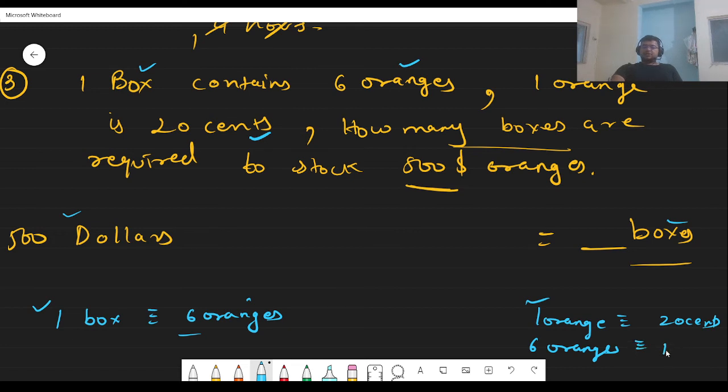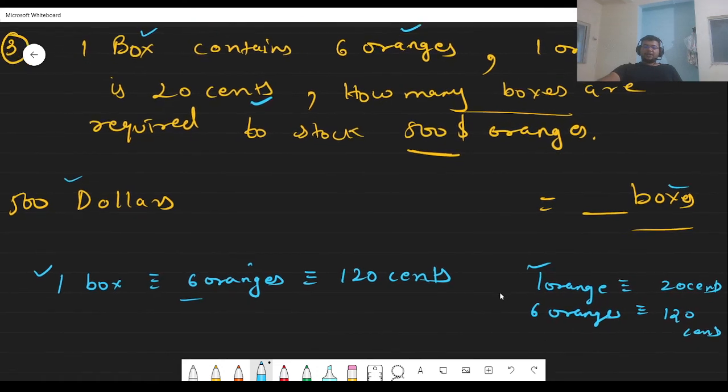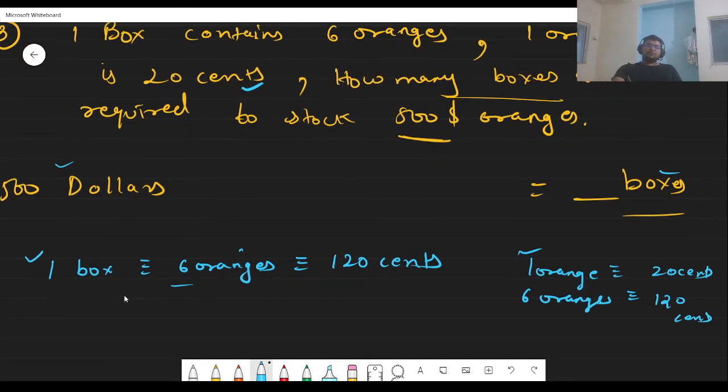It will be 120 cents, because I simply multiplied by 6 on both sides, and 6 times 20 is 120. So 6 oranges also corresponds to 120 cents. Finally, one box corresponds to 120 cents.